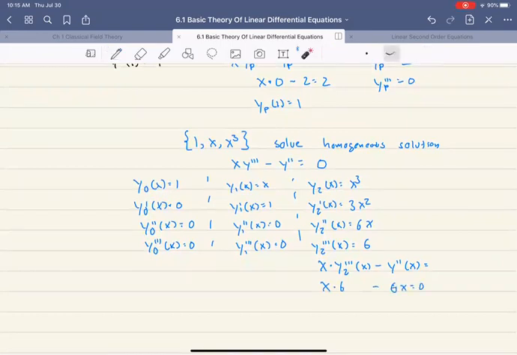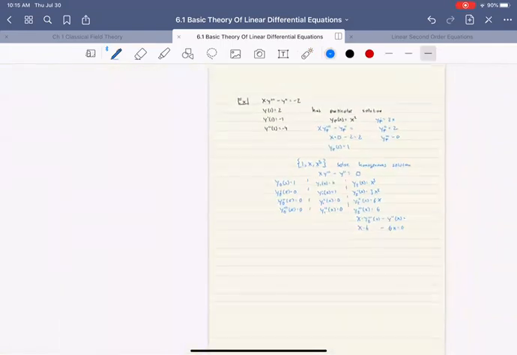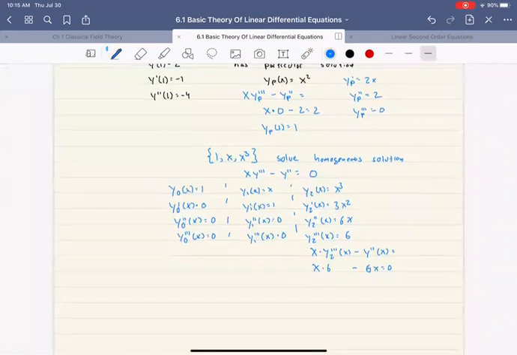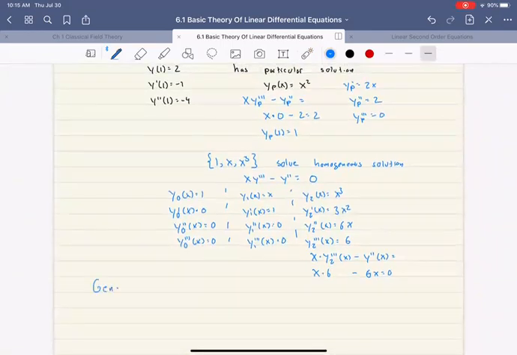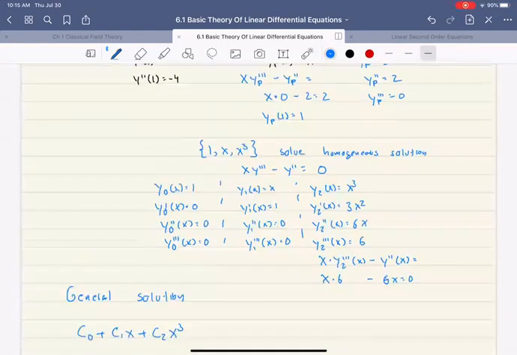So these are all solutions to the homogeneous equation. Okay, so our general solution is going to be C0 plus C1 x plus C2 x cubed plus our particular solution.